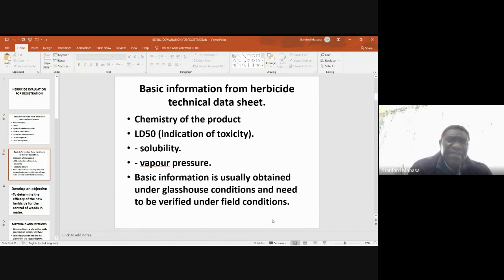Solubility gives us an indication of the leaching processes of that herbicide. So the basic information is usually obtained under glasshouse conditions and needs to be verified under field conditions. The issues to do with the rates could easily be obtained from a glasshouse study, and we want to verify them under field conditions.